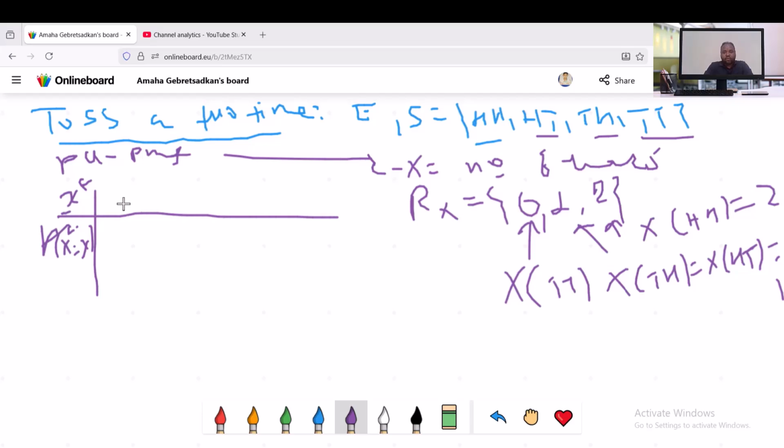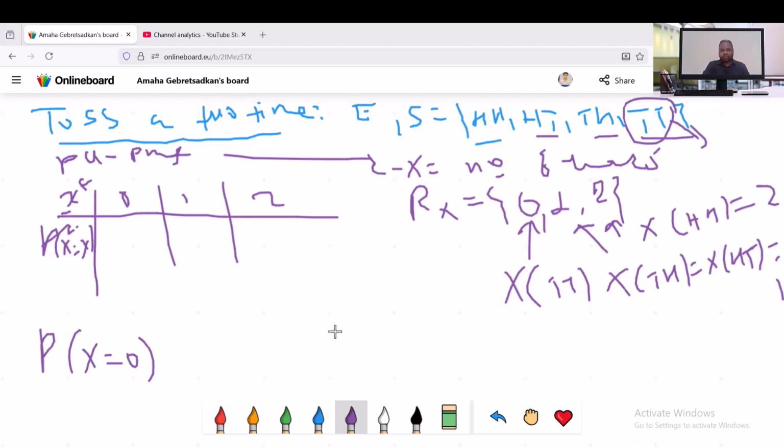Through this we have these possible values 0, 1, 2. So what is the probability of X equals 0? How many actual outcomes do we have whose numerical value is 0, meaning outcomes with no head? We have only one actual outcome, so 1 over 4.